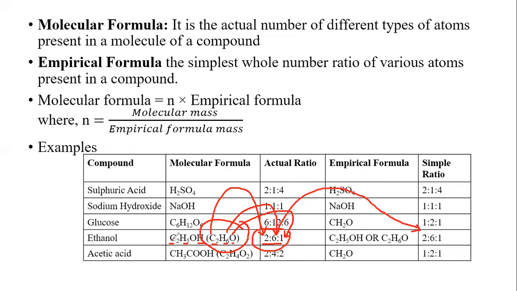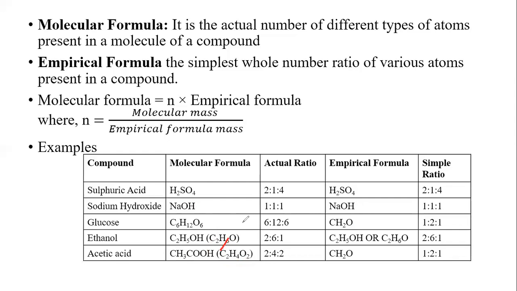So the molecular formula will be the same as the empirical formula, but in the case of acetic acid, CH3COOH, two carbons are present in the molecular formula, C2. Four hydrogens are found in the molecular formula, C2H4, and two oxygen are present. So C2H4O2 is the molecular formula of acetic acid.